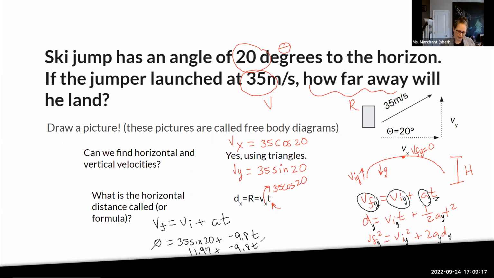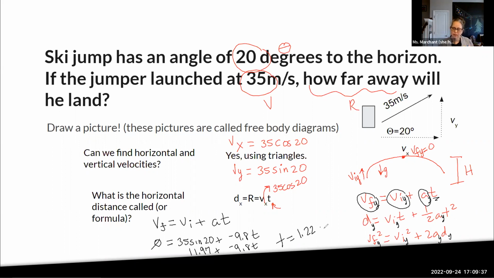I'm going to move my 9.8 to the other side. And then I am going to have 11.97 divided by 9.8. And that is going to give me a time of 1.22 seconds.